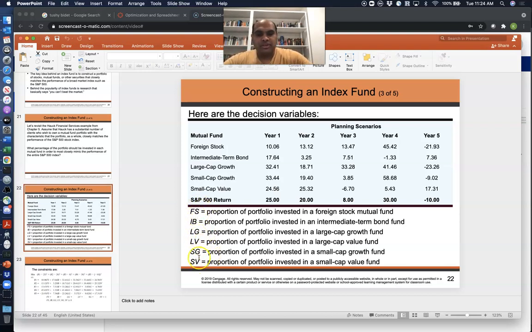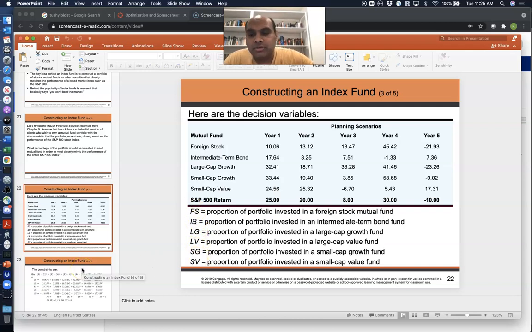We have 6 options: foreign stock, intermediate term bond, large cap growth, large cap value, small cap growth, and small cap value. So what percentage of your total investment should go into each of these investments? That's the decision variable, and these are the decision variables here.